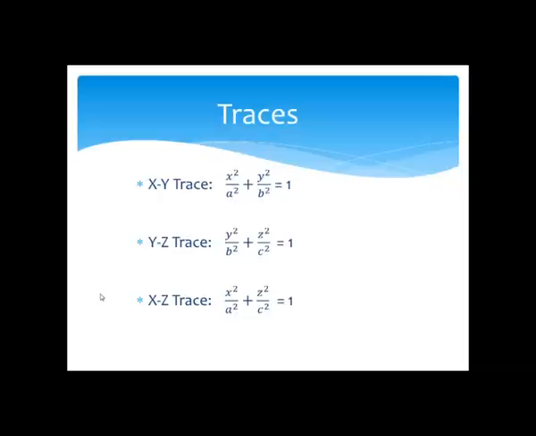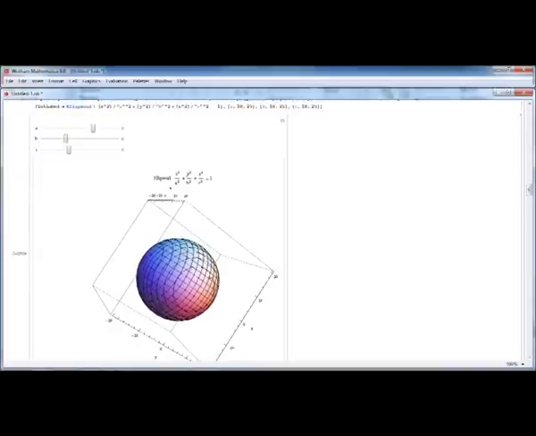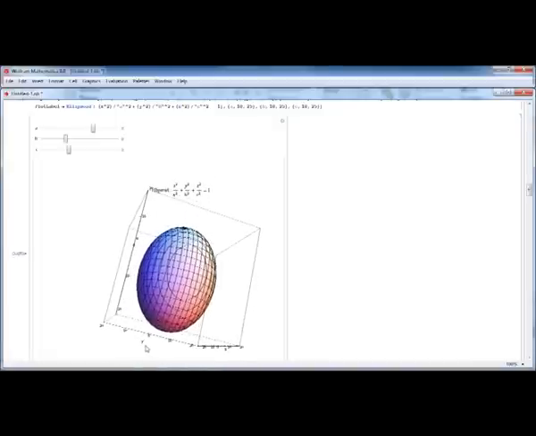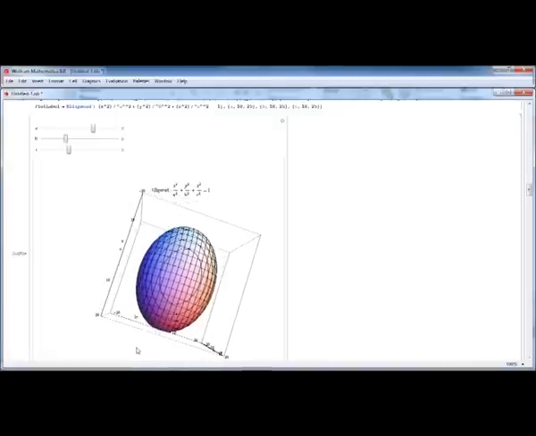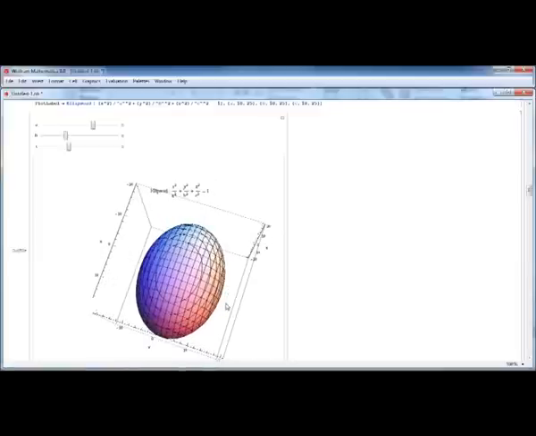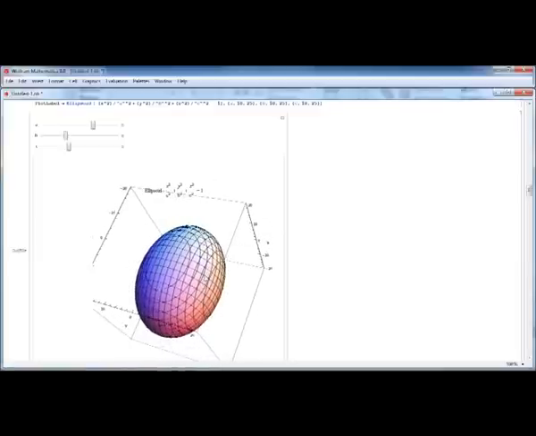So let's look at the graph of an ellipsoid. So this is how an ellipsoid looks like. Let's look at the xy trace, which is here. So we see an ellipse, and then let's look at the yz trace.